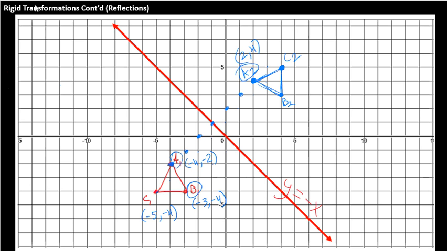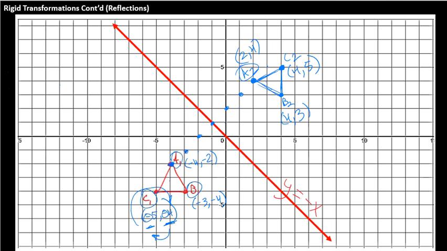B1 is (-4, -3). B2 is (3, 4). Same thing, numbers flipped and signs changed. What about C2? We've got (5, 4). Again, numbers flipped and the signs also changed.